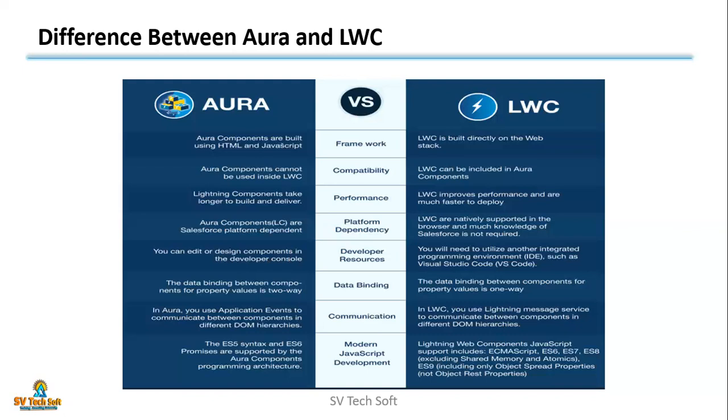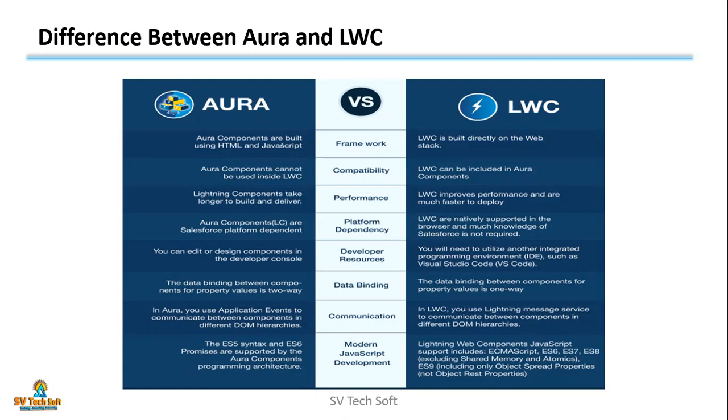But in LWC, you can use Lightning Message Service, LMS, to communicate between components in different DOM hierarchies. Another advantage is that in Aura you can communicate only within Aura components, but LWC provides flexibility: you can communicate from LWC to Visualforce, or LWC to Aura, meaning different DOM structures can communicate using LWC.